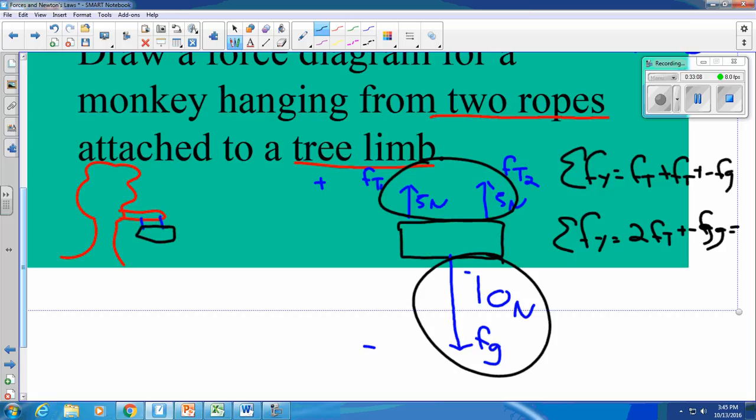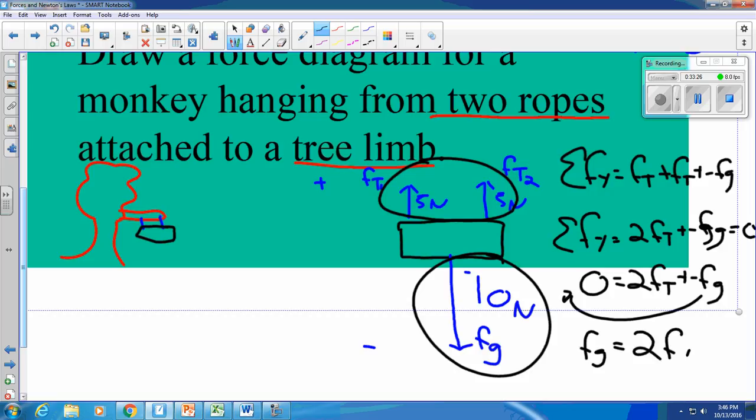Well, the monkey's not going anywhere, so the total force has to equal 0. So 0 must equal 2 times the force of the tension plus negative force of gravity. If you were to bring this over to the side, you get force of gravity equals 2 times the force of tension in one of the strings.